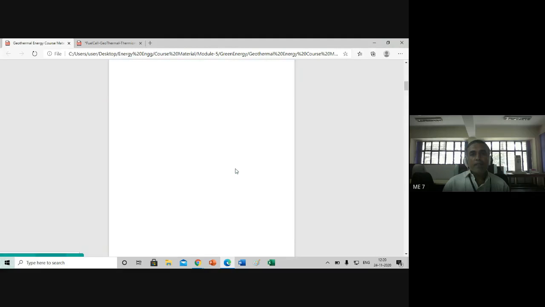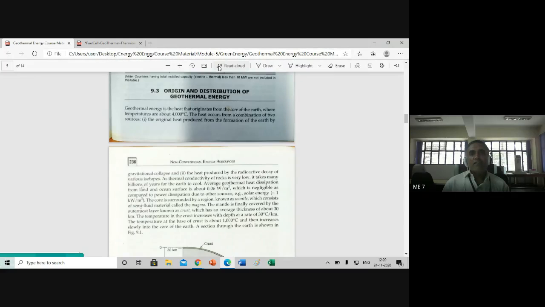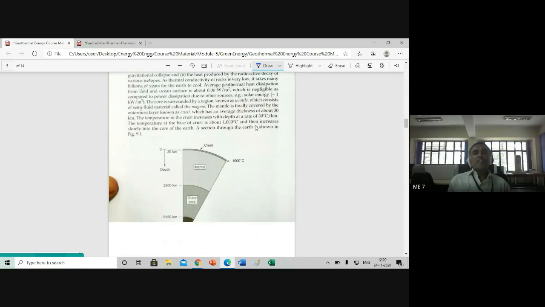First, let us see the origin of geothermal energy. Look at this. In your syllabus, they have made it as origin of geothermal energy.